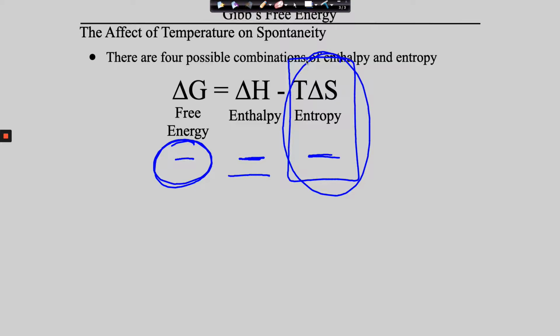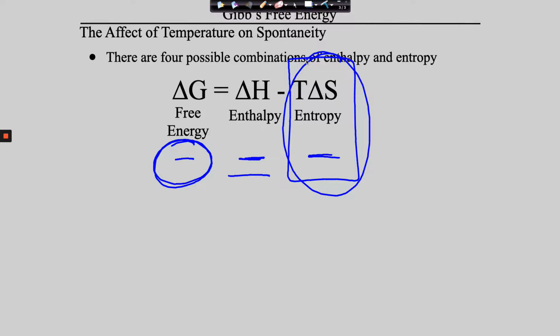So how do we make this impact smaller? Well, we make the temperature go down. And if the temperature goes down enough, eventually this value is more negative than this is negative, but subtracted so positive. And as a result, the reaction will become spontaneous. Does that make sense? Okay.